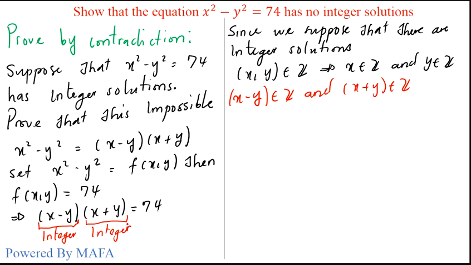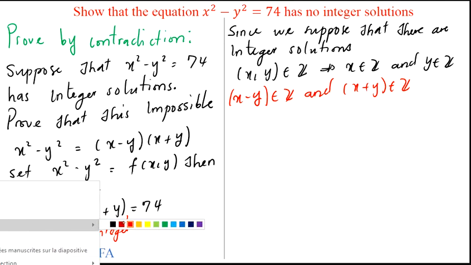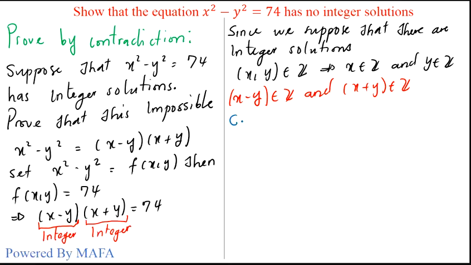So we are going to take several cases and we solve to see if the possibility holds. So case 1, when x minus y is even and x plus y is even. We take the case when both of them are even.